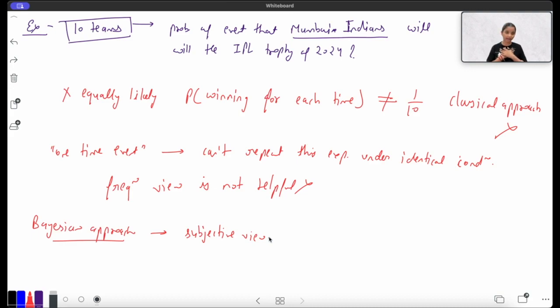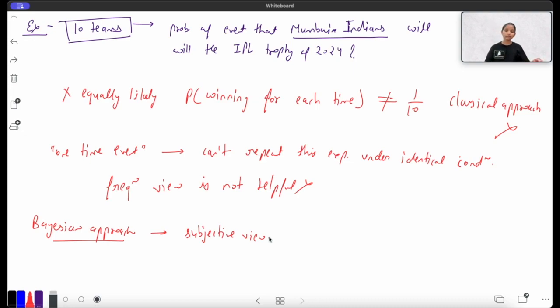Let's say I think there are 80% chances that the Mumbai Indians will win, but another friend of mine thinks there are 70% chances of it. So the subjective view depends on person-to-person opinion. But this information is very helpful in the Bayesian approach, and we will see how we are going to use it to get conclusions regarding the outcomes we are going to consider.